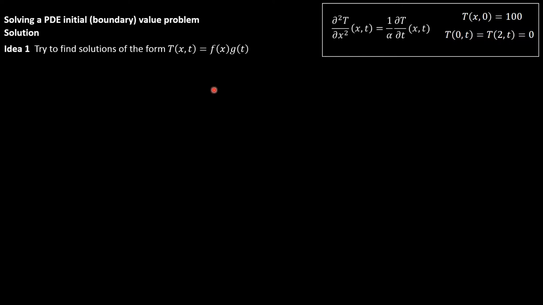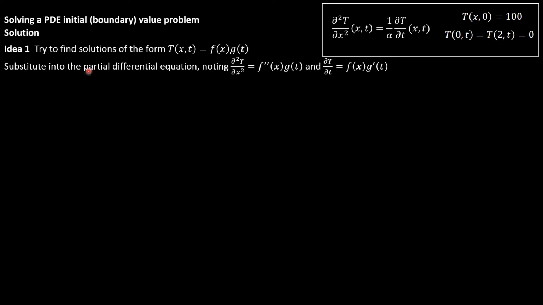So not all, for example, x plus t is not of this form. Clearly, by guessing that our solution has this form, f of x times g of t for some functions f and g, we're not considering all possible solutions, so we are severely restricting ourselves. Now let's see what kind of solutions we can find.